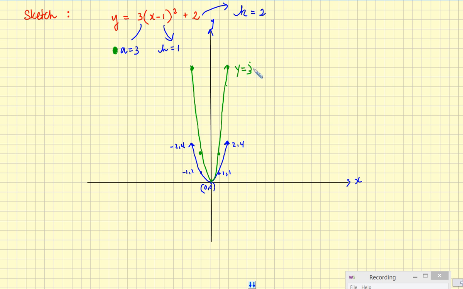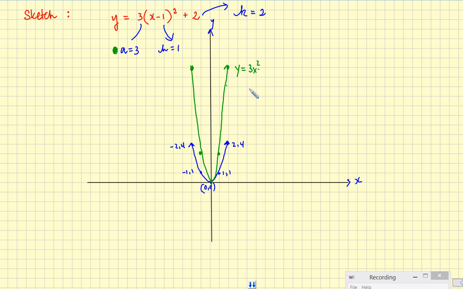There's the vertical stretch of the original x squared graph. All right, once I know that my graph is now stretched vertically, what needs to be done now is the horizontal and vertical translation.